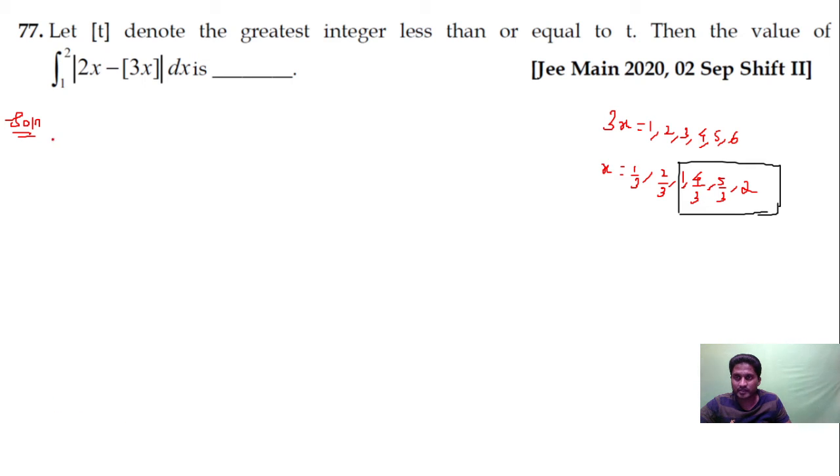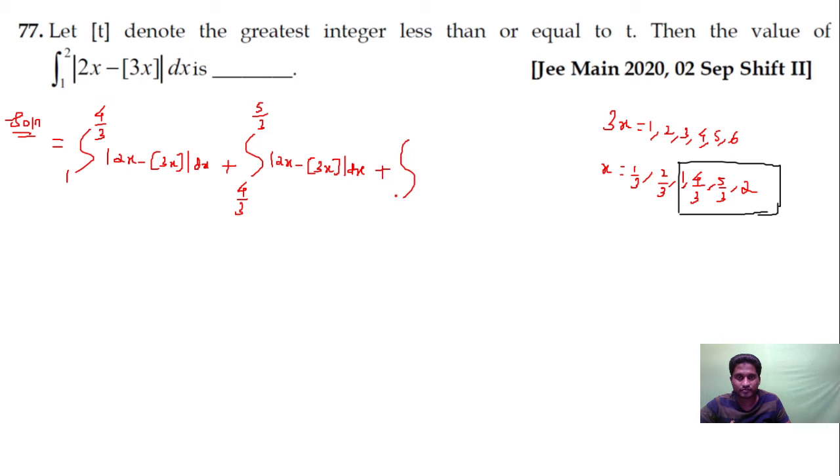So if I write all the integral points between them, I should write this as the integral from 1 to 4 by 3 of modulus of 2x minus box of 3x dx, plus the integral from 4 by 3 to 5 by 3 of modulus of 2x minus box of 3x dx, plus the integral from 5 by 3 to 2 of modulus of 2x minus box of 3x dx.